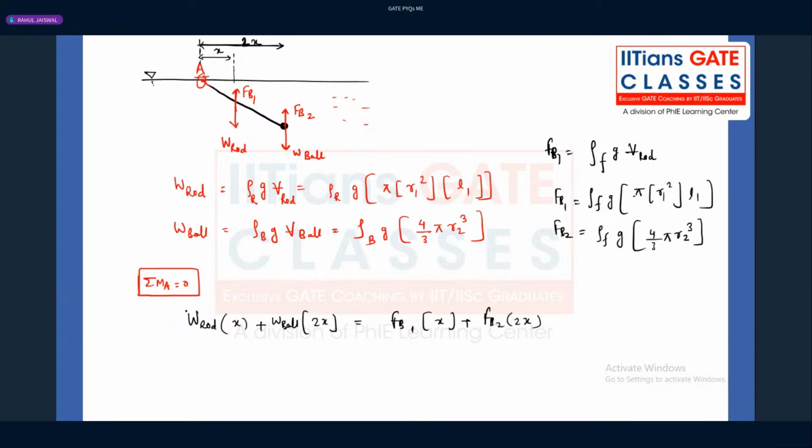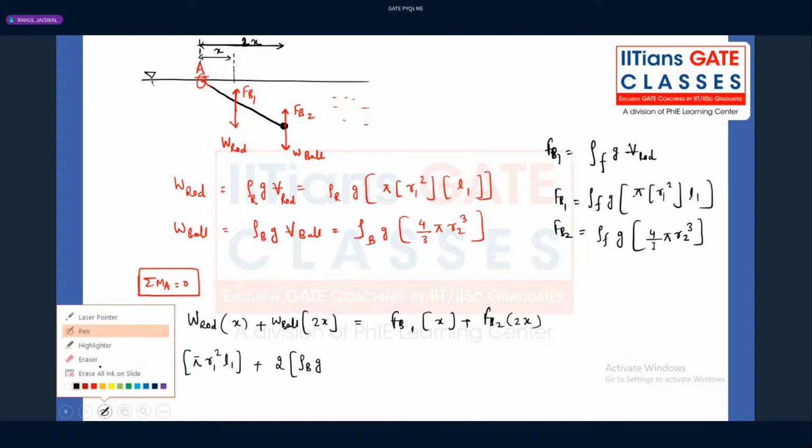And then what do we need to do, guys, here? Try to substitute rho. G will be cancelling out from all the sides, so I'm not writing it once again. Pi r1 square into L1 into x. X will also be cancelling out, so I'm not writing it here again. Plus 2 times the weight of the ball.